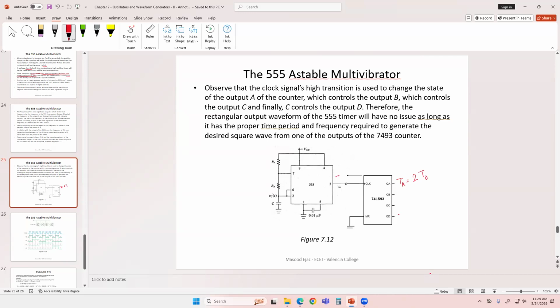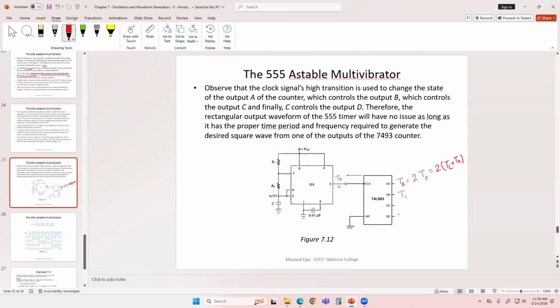If the time period here is T out, then it's double the time period of the output. Let me confirm. And remember, this T out is TL plus TH.